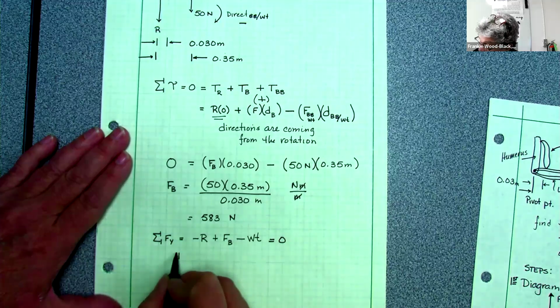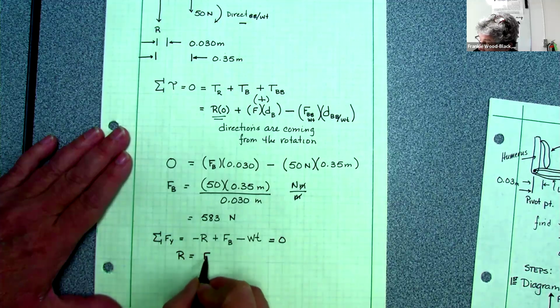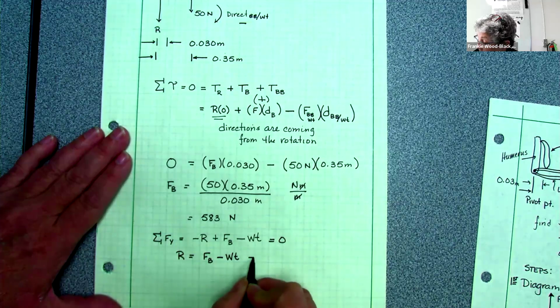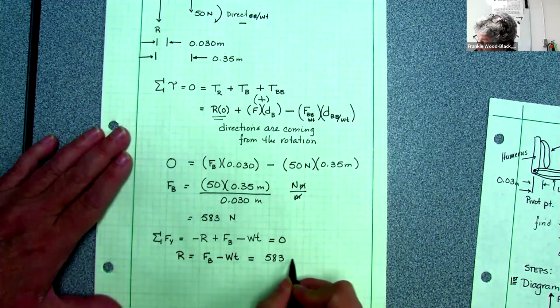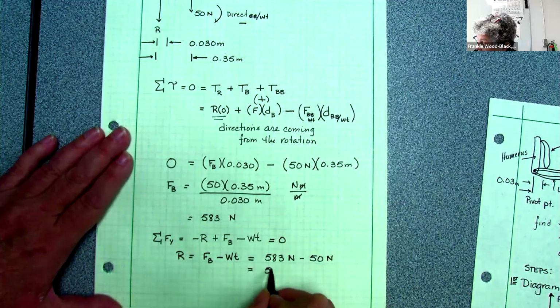So R is going to equal the force due to the bicep minus the weight. My 583 newtons minus my 50 newtons is going to equal 533 newtons.